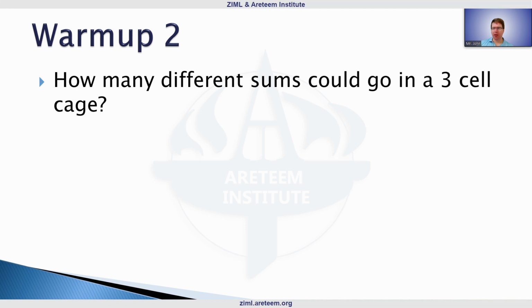So, thinking about what we just did, what is the minimum value we could have? The minimum value is similar to what we were just talking about. 1, 2, and 3, the 3 smallest numbers. So that would be 6.